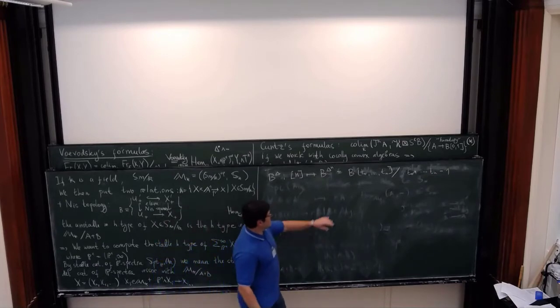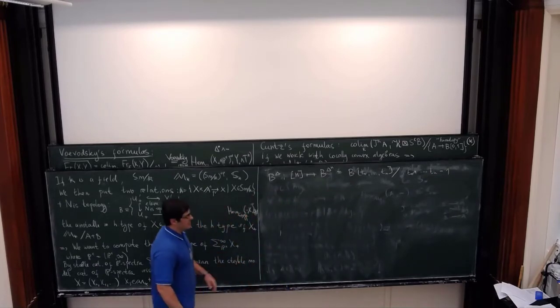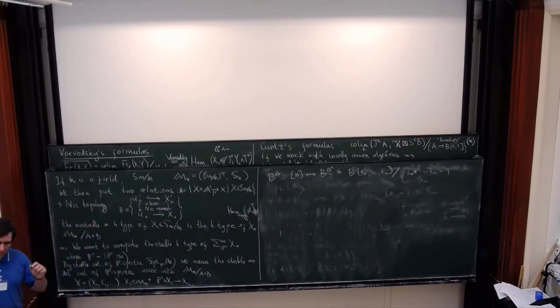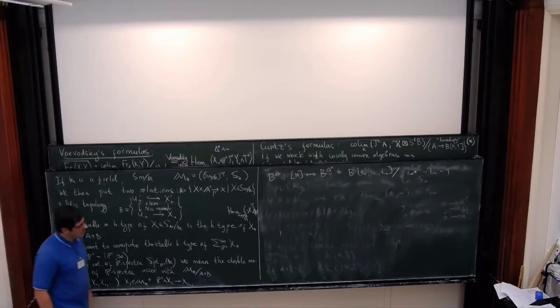By the way, every such algebra is isomorphic to polynomials in n variables, but this isomorphism does not respect the simplicial structure.